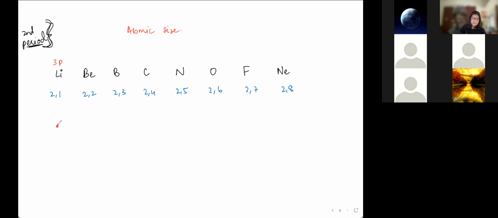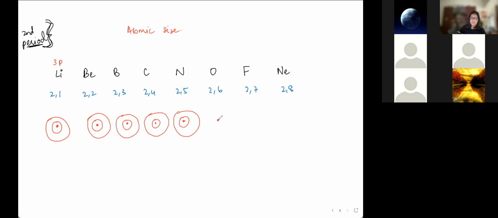So the nucleus has a +3 charge, and then 2 shells. Beryllium also has 2 shells. Boron also has 2 shells. What I'm drawing is not to scale, okay? Don't base your radius on this.